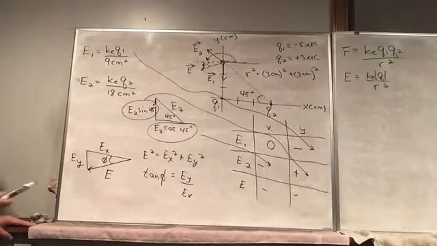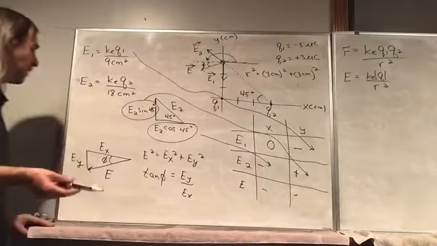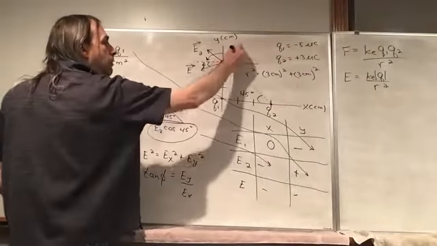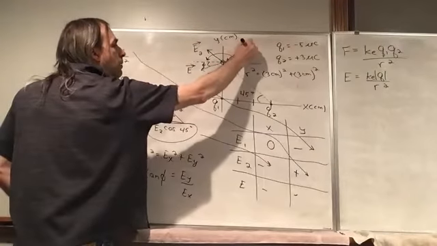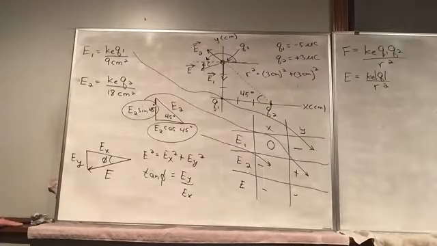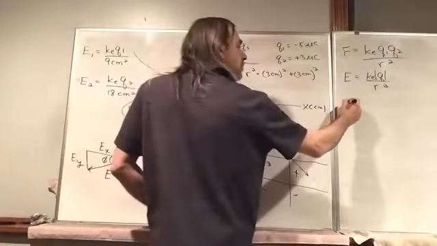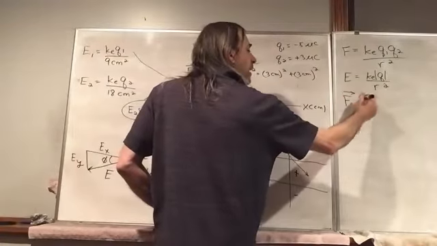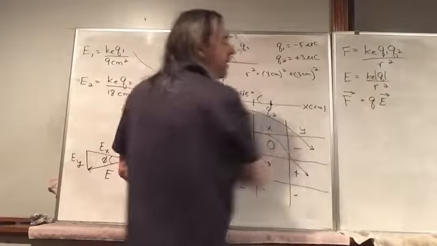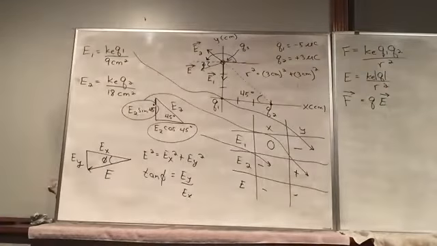One more thing I'll say, let's say we place a charge here. What would be the force on that charge? This one I actually like writing as a vector, because that's a very compact way to give us the magnitude and direction.